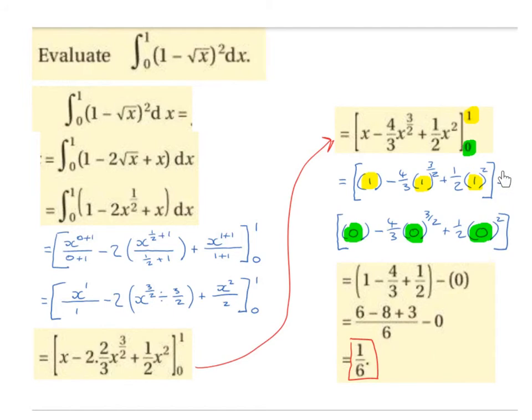Then we have our minus, and then we do the same, we write out what's inside the brackets, but this time we swap each x value for 0. So we have 0 minus 4 over 3 times 0 to the power 3 over 2 plus a half times 0 squared. So what's inside the first set of brackets gives us 1 minus 4 over 3 plus a half. Then we bring down the minus, and what's inside the second set of brackets is just 0. And simplifying, we end up with 1 over 6.